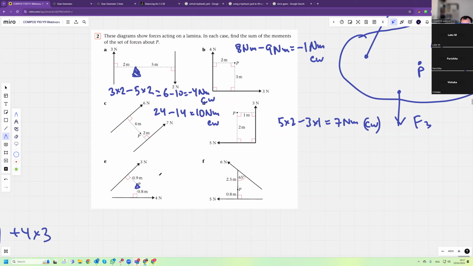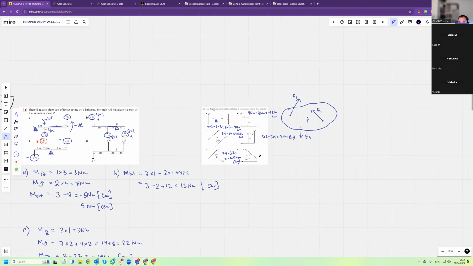So that's 0.9 times 3, so it's 2.7. Minus 0.8 times 4, which is 3.2, which is minus 0.5 Newton meters clockwise. So a moment of a force is a vector. Okay.